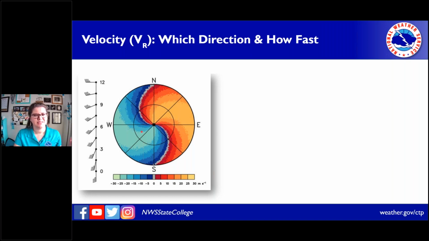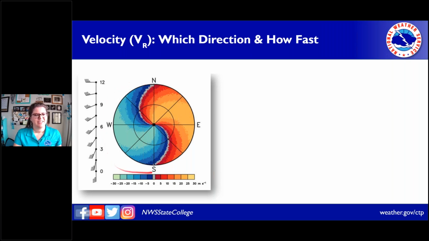So this is where it gets a little bit tricky. So now we have an interesting velocity pattern where at the surface, we have a south wind. We can see blues going into the radar from the south, reds going away from the radar towards the north. So at the surface, we have a south wind.